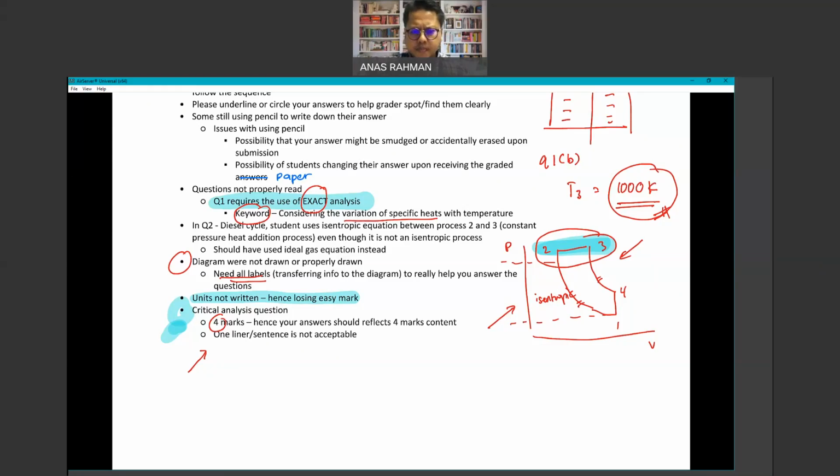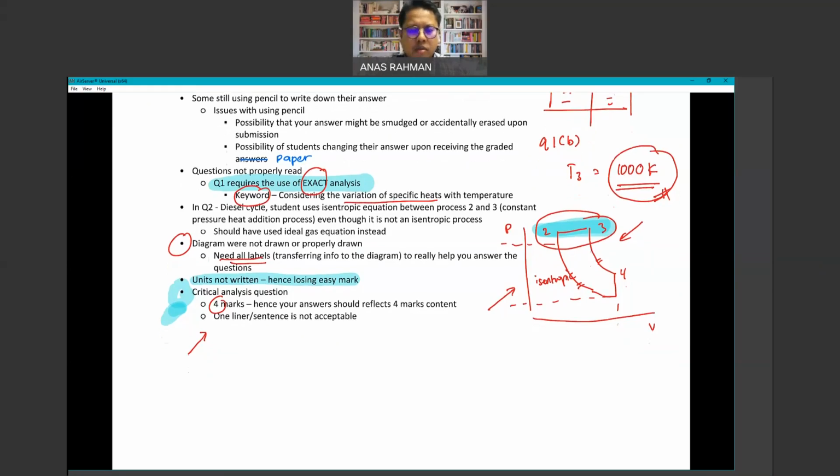For example, when we talk about knocking or auto ignition, first maybe you need to explain what is auto ignition or knocking and what causes it, and how that impacts the engine or the function of the cycle. If you do that, then you get 4 marks.